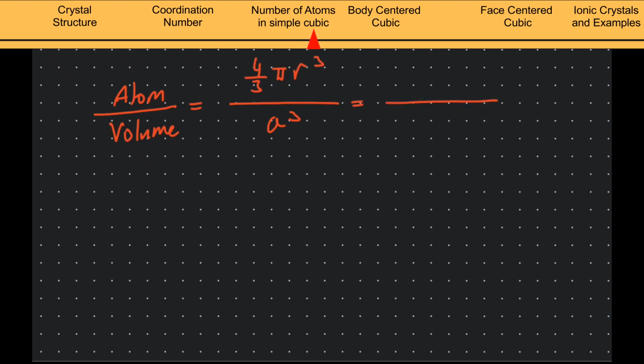And a cubed equals 8r cubed. The r cubed terms will cancel, and this will be equal to 4π over 3 times 8. The 4 and 8 also cancel. This part becomes 2 and 1/6, so π/6.